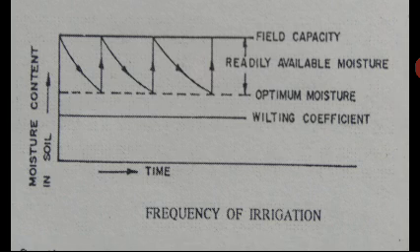Frequency of irrigation F is equal to D by Cu, where D is depth of water in centimeter, Cu is rate of daily consumptive use in centimeter.